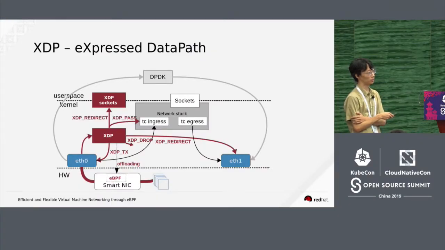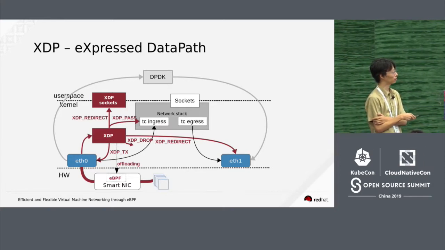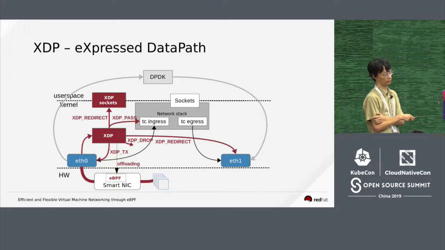I think DPDK is for applications, while XDP is for scenarios where you need to connect to the kernel. If you want to do DDoS protection or load balancing, based on traditional protocols, it is very suitable.